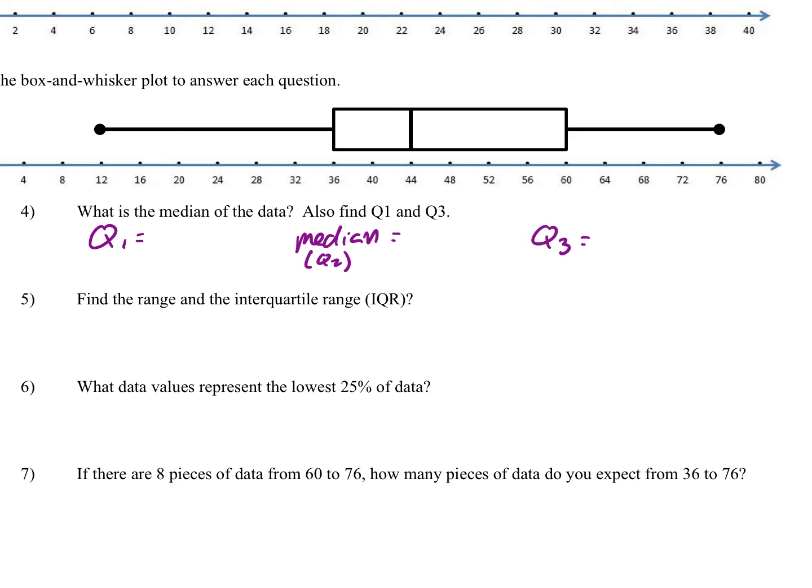If we remember, on a box and whisker plot our 3 vertical line segments that make up our box are our Q1, Q2, and Q3. And remember, Q2 is just median. So these are the 3 values that we're asked to find. Our Q1 was at 36, our median, or Q2, was at 44, and our Q3 was at 60.